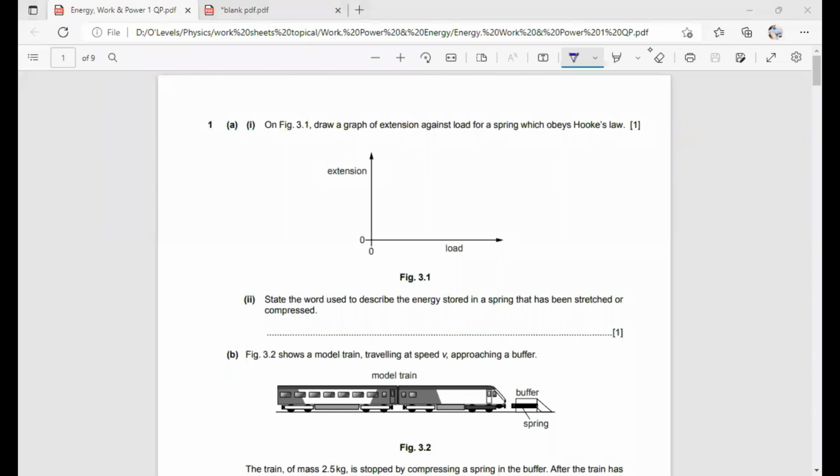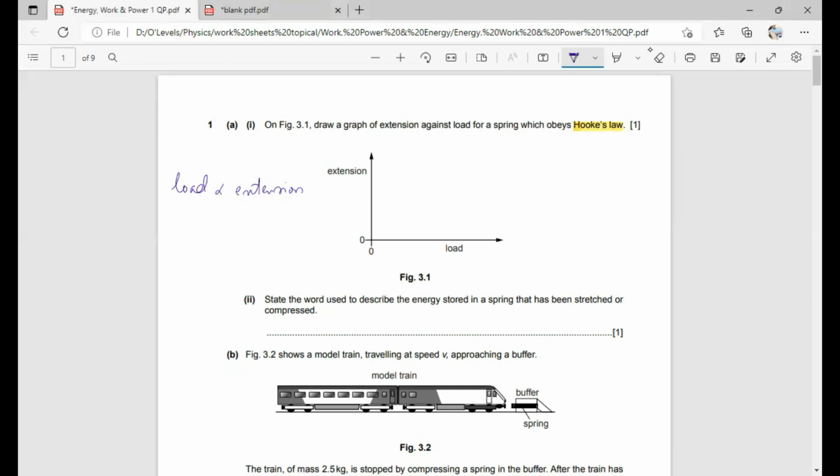In question number 1, this is a graph of extension against the load for a spring which obeys Hooke's law. Hooke's law is the topic related to deformation, and according to Hooke's law, load is directly proportional to extension.